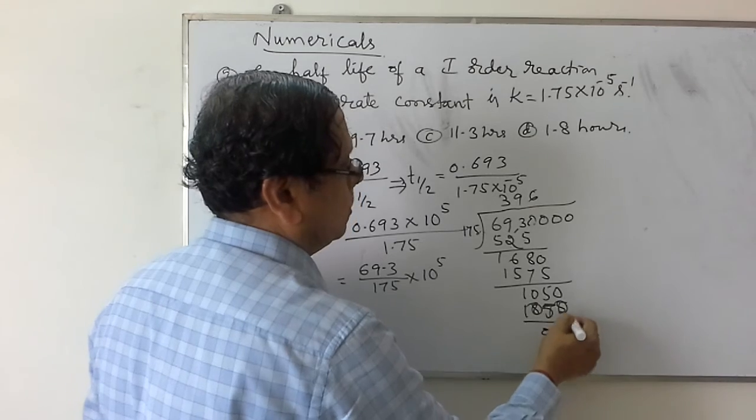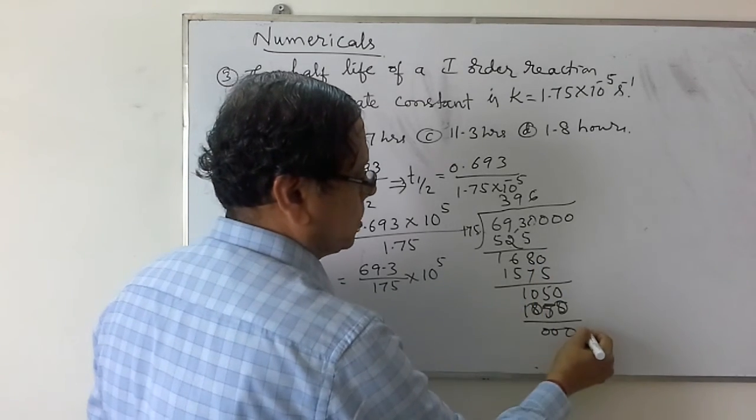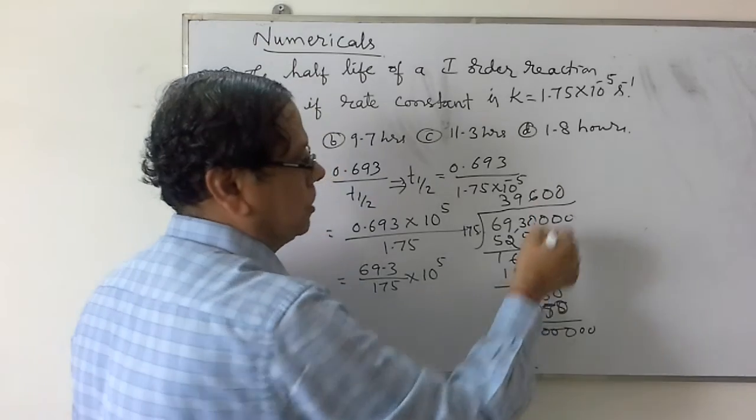So it is 0, 0, 0. So there will be 2 more zeros. You have to keep these 2 zeros.